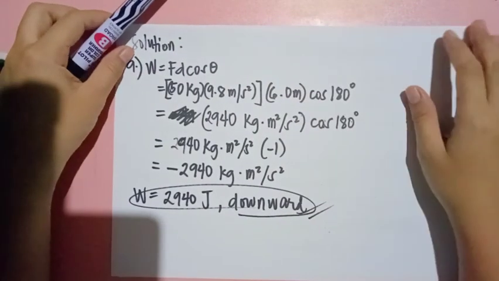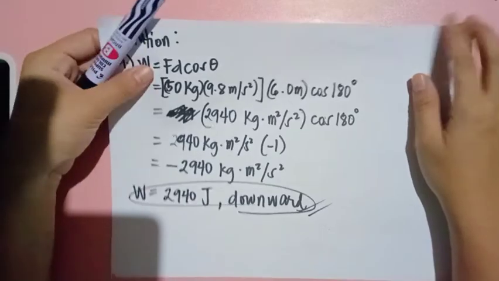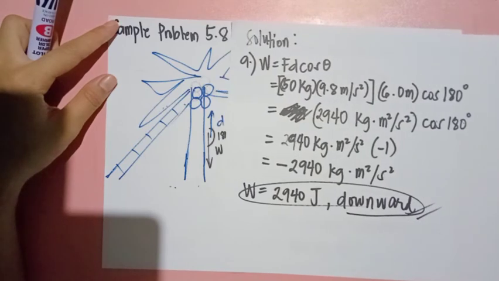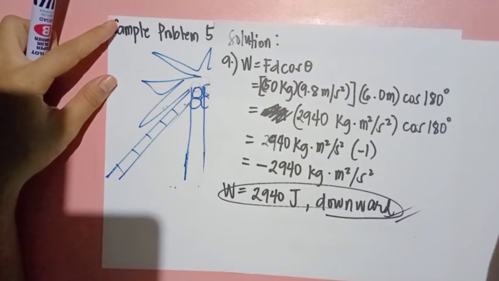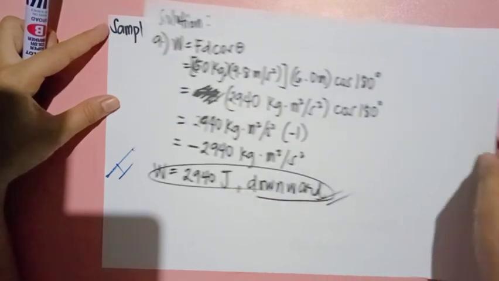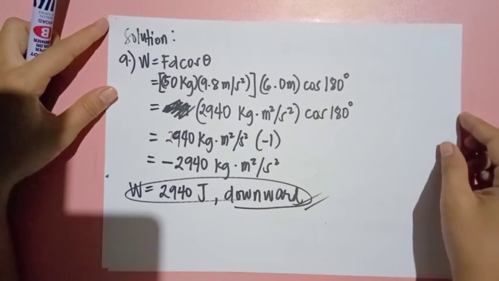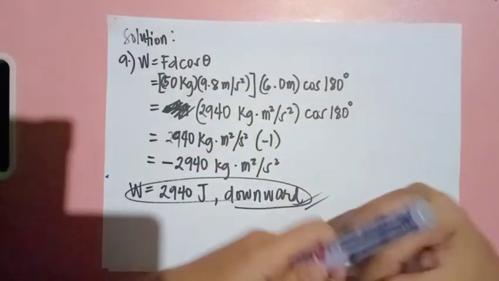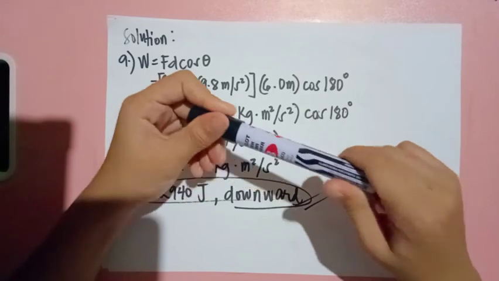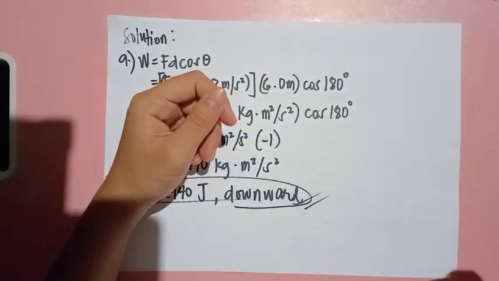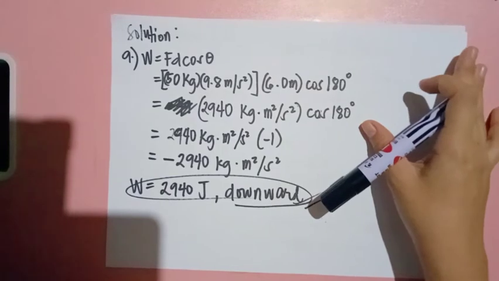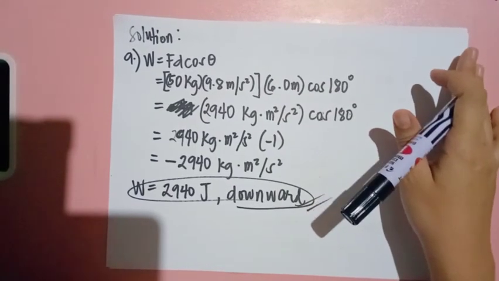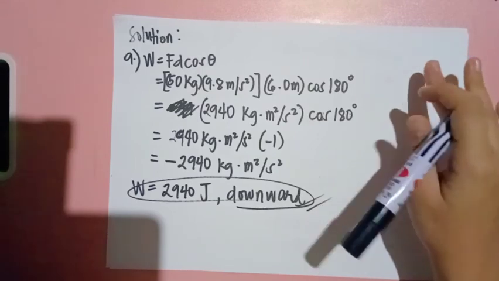Okay, so for the next one, using the ladder, we are going to use the same equation, equation 5.1. But as you can see, the theta there is 120. Why is that 120?